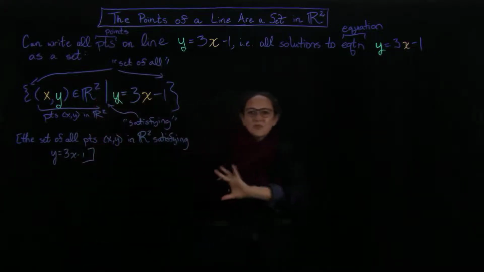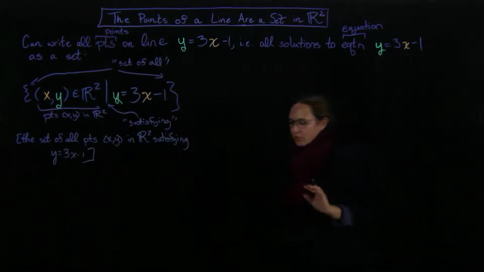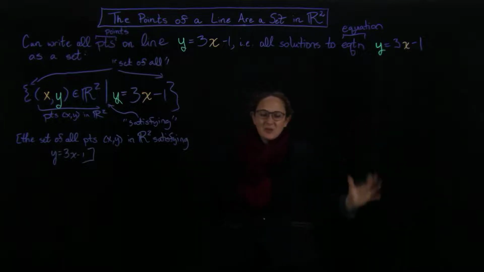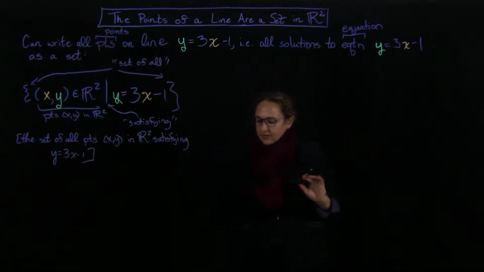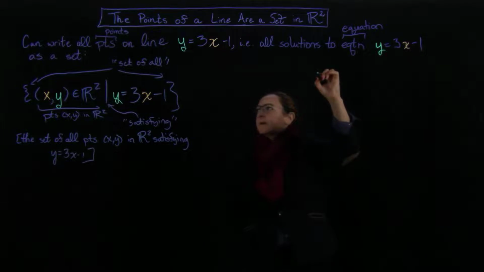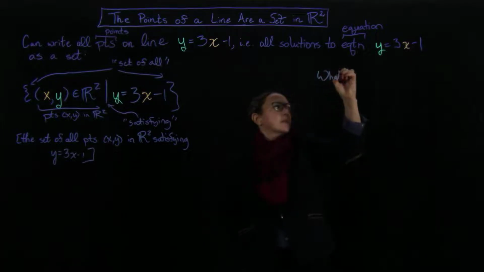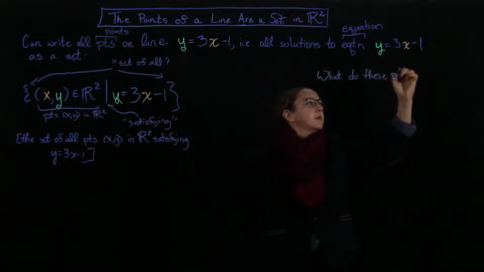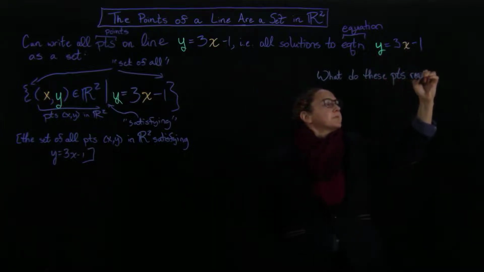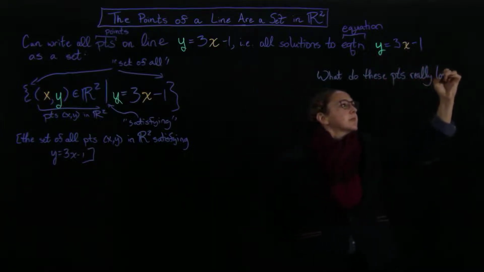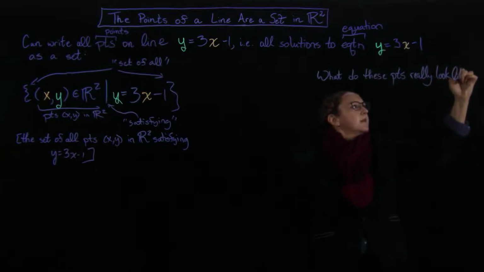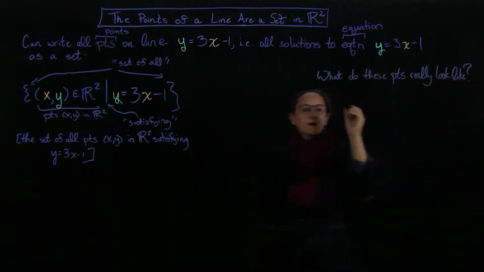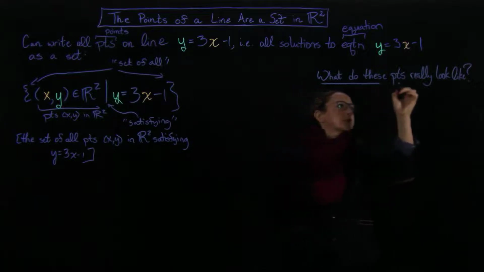Okay, but what does this really look like? I think it's important to get a sense of the picture of what's going on. What do these points really look like? We're going to draw this over on this side.